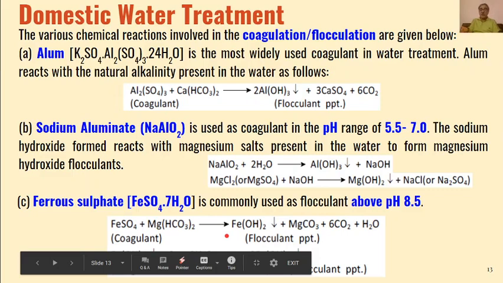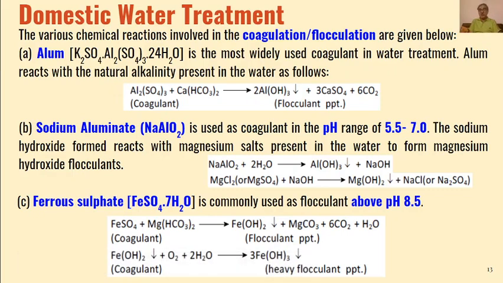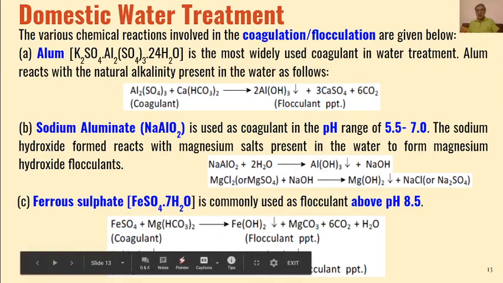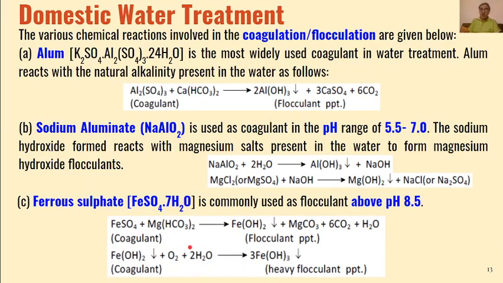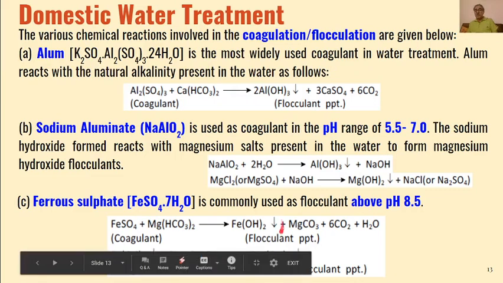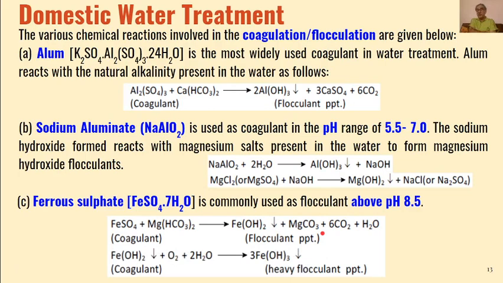Then ferrous sulfate will react with magnesium bicarbonate, which is again responsible for temporary hardness. This coagulant on reaction with magnesium bicarbonate will give us ferrous hydroxide, and this will again precipitate out as a flocculant. In addition, magnesium carbonate will be formed, which will remain in solution.